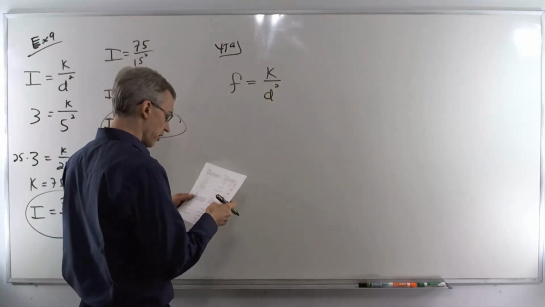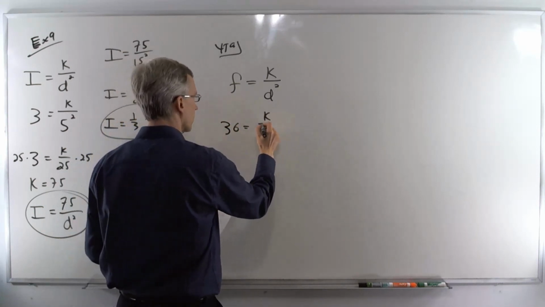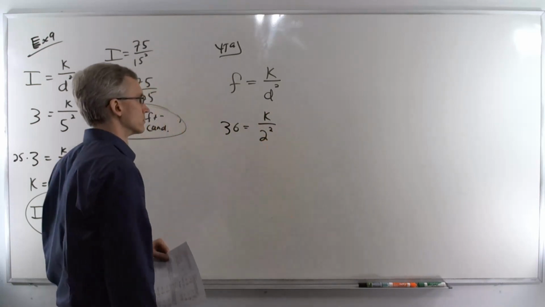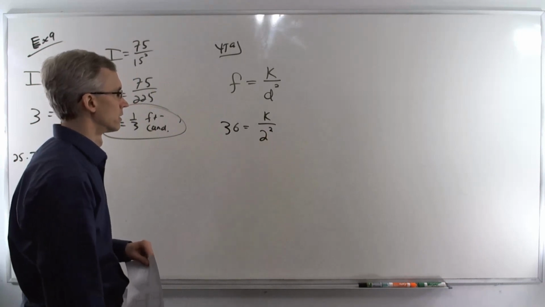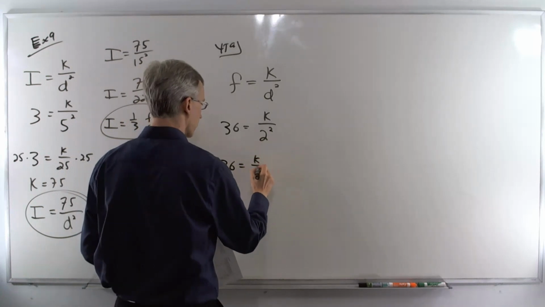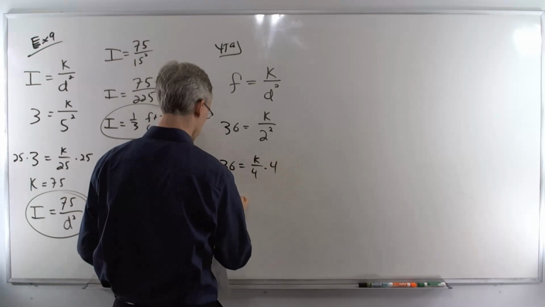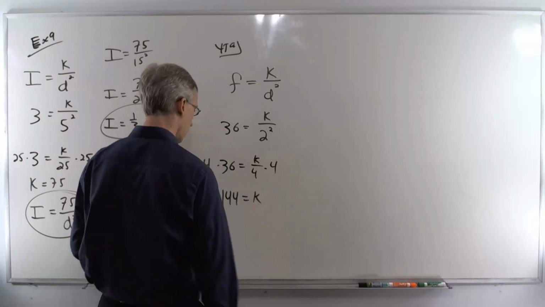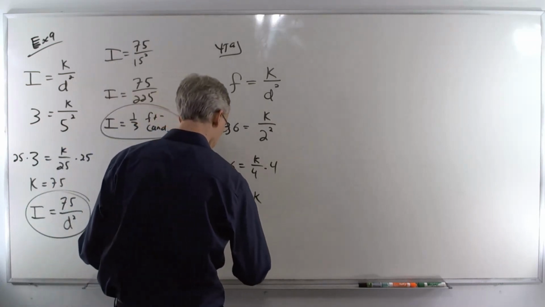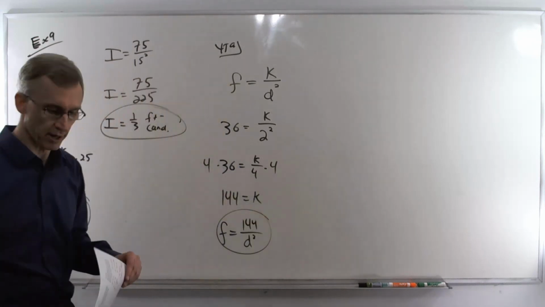If the force is 36 newtons, so force 36, at a distance of 2 meters, we're going to find K. So that turns into a 4, 36 equals K over 4, multiply both sides by 4, and K is 144. So we'll plug that in, and we get F equals 144 over D squared. And there is our equation of variation.